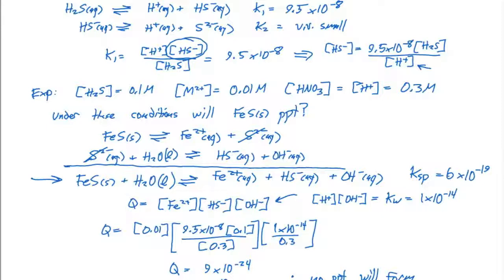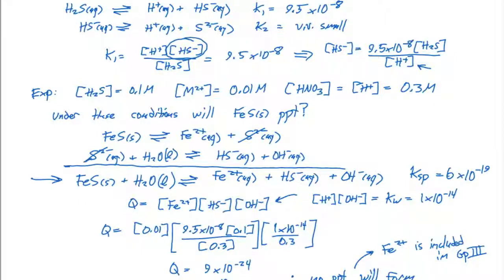And as a part of this conclusion, we can say that since no precipitate will form, iron 2+ is included in group 3. So our iron 2+ is going to be included in our group 3 characteristics, or we'll place it in that group.